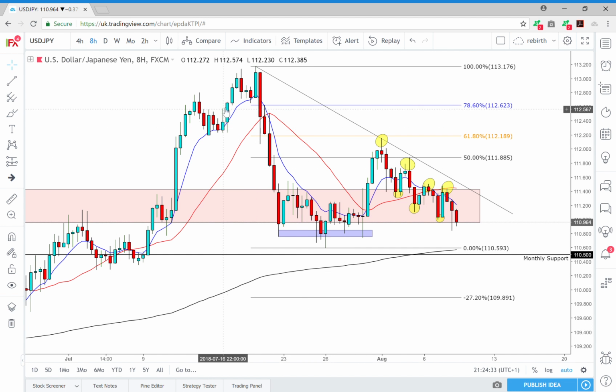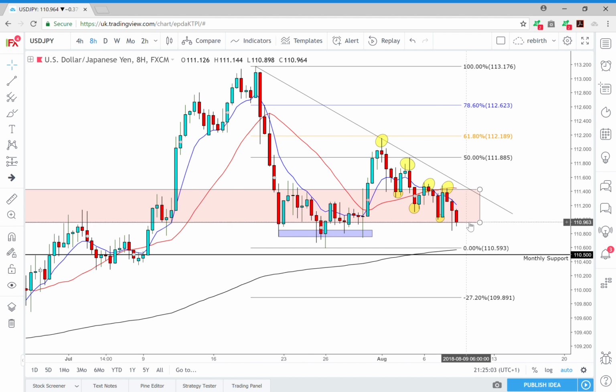Now here we have the 8-hour time frame. As you can see, we're forming lower lows, lower highs, broke through the moving averages which crossed over, and they have been acting as resistance for price ever since. As we're just struggling to break through, we have formed a new low here, to this previous one.